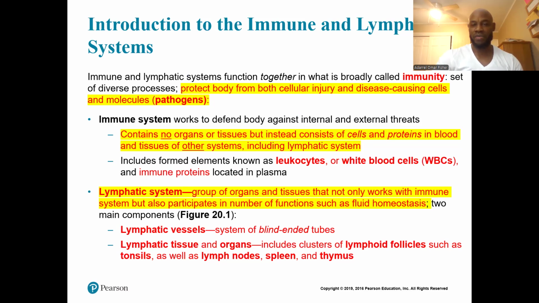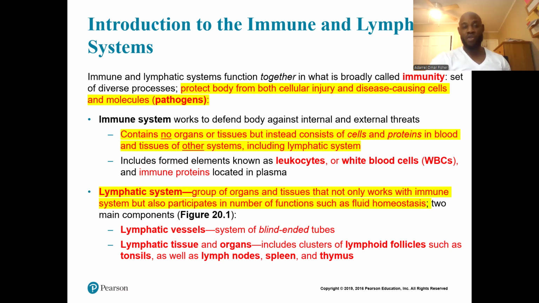The immune and lymphatic systems work together, what we call immunity, right? It protects the body from cellular injury and disease causing cells known as pathogens. The immune system tries to defend our body against internal threats, like cancer that can develop internally, and external threats, viruses and bacteria coming from outside the body.